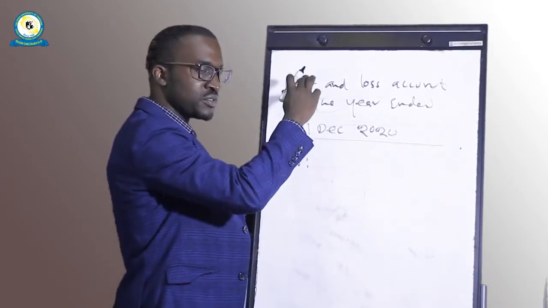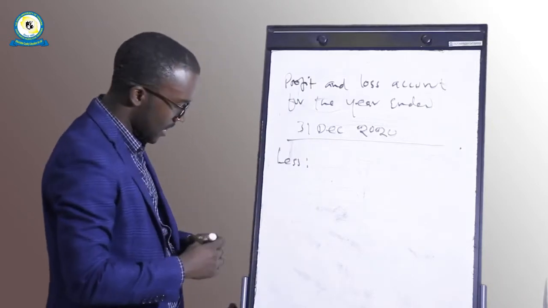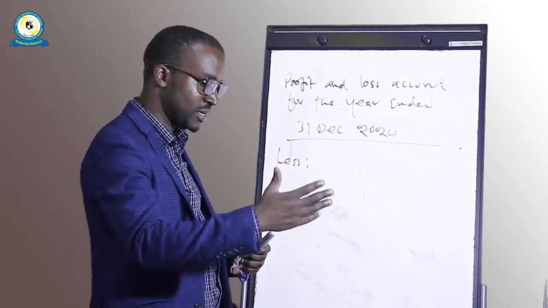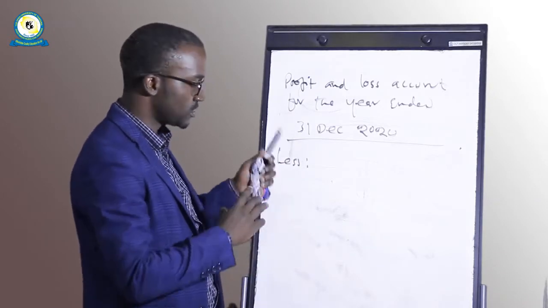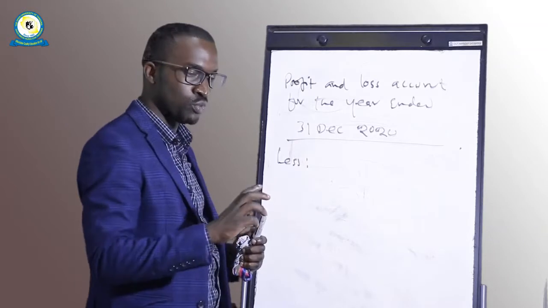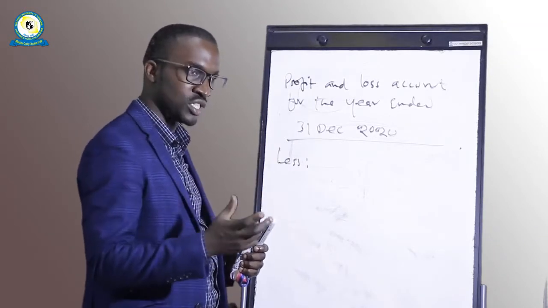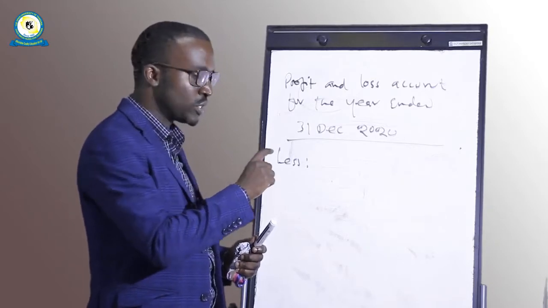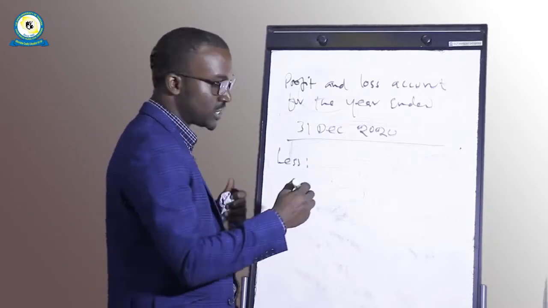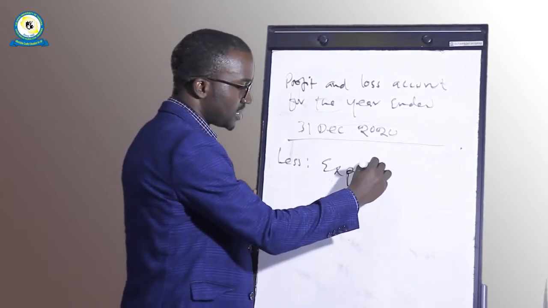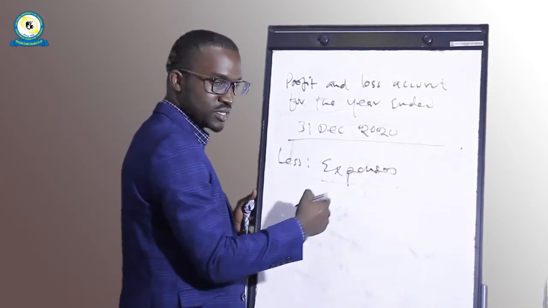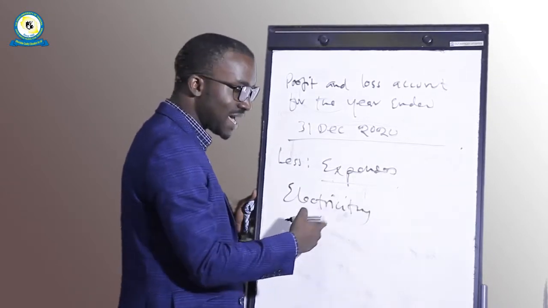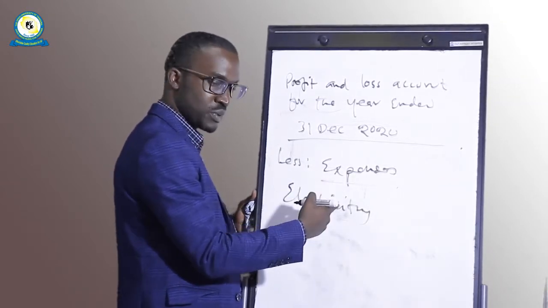You're going to have your other figures. For example, if you have other items, such as the sales, cost of sales, the gross profit, and so forth. But remember, we're going to take an extract of where exactly the accrued expenses are going to be located. We know that it is going to be located under the expense side, and then under the expense, you're going to put your electricity as operational expense.